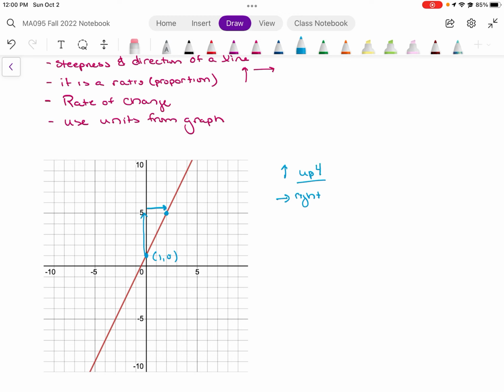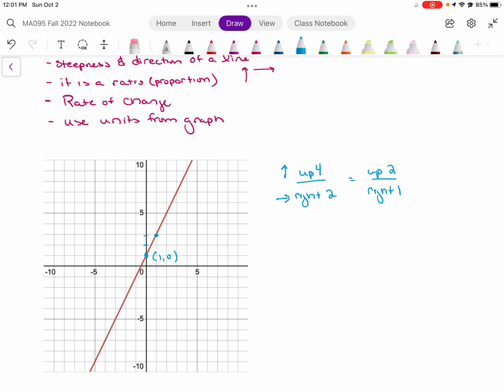Up 4, I go 1, 2, 3, 4, and I go right 2. Okay? But I could also pick different points, right? So this is what I did in my notes. I didn't notice, but there's another point right there where I can just go up 2 and over 1. So I could also go up 2 and right 1, right?